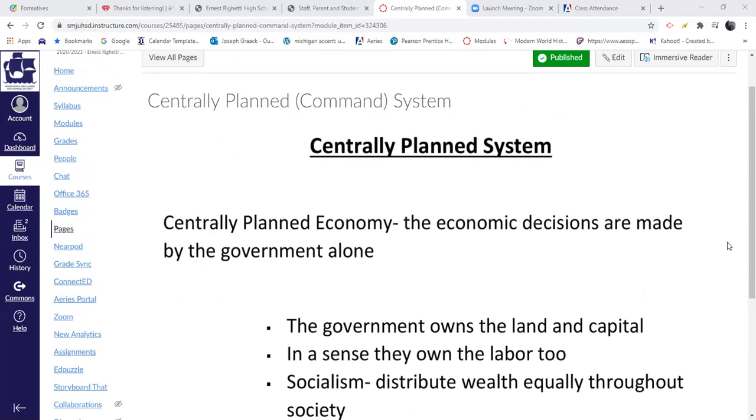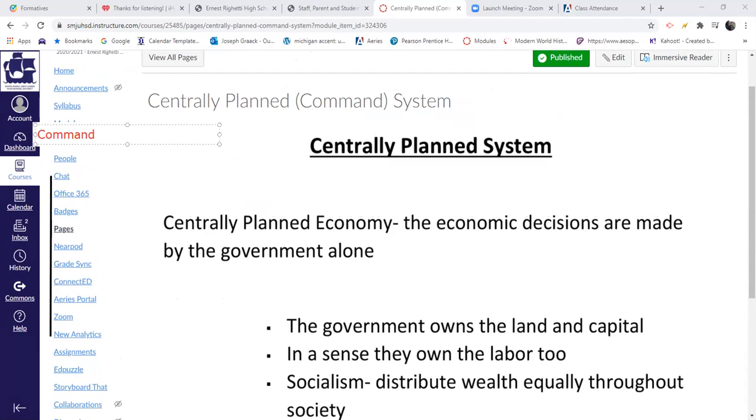All right, so the first system that I want to start with is a command or centrally planned system. And basically what I'm going to set up for you is a continuum, or what you might call a spectrum. So on the far left, all right, we're going to have command or centrally planned. So I'm going to go ahead and type this in so you can see this as we go into the explanation.